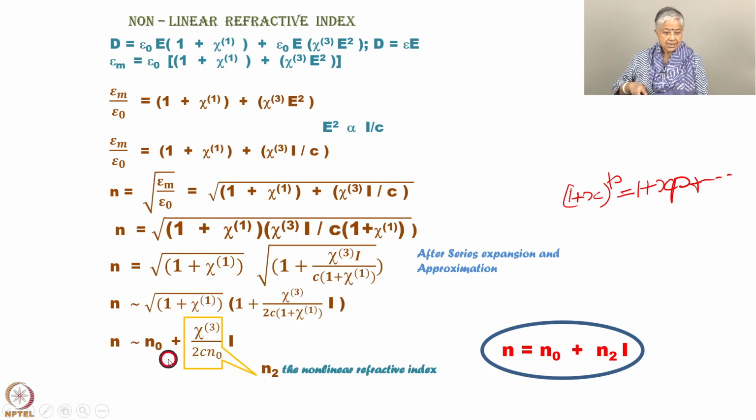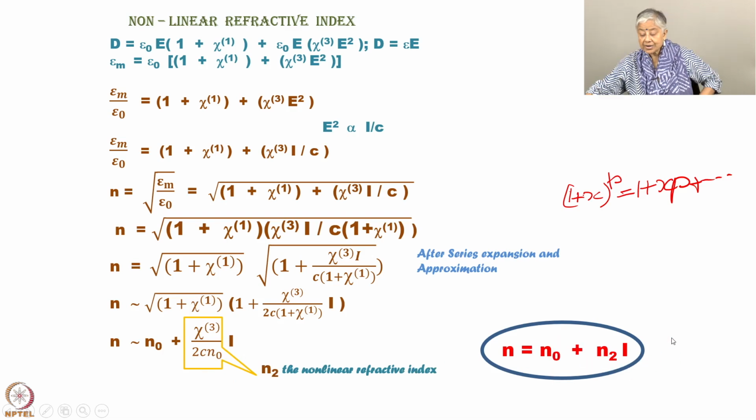The first part is n0, and this second part we will call n2, which is the nonlinear refractive index. This is the linear refractive index, which does not depend on the intensity I, but the second part n2 is the nonlinear refractive index, which depends on the intensity I. So, n is equal to n0 plus n2 I.